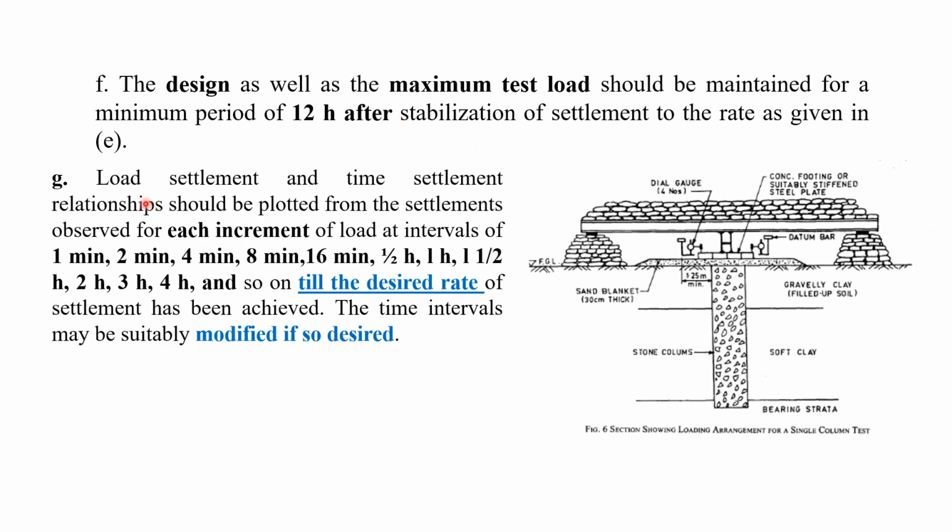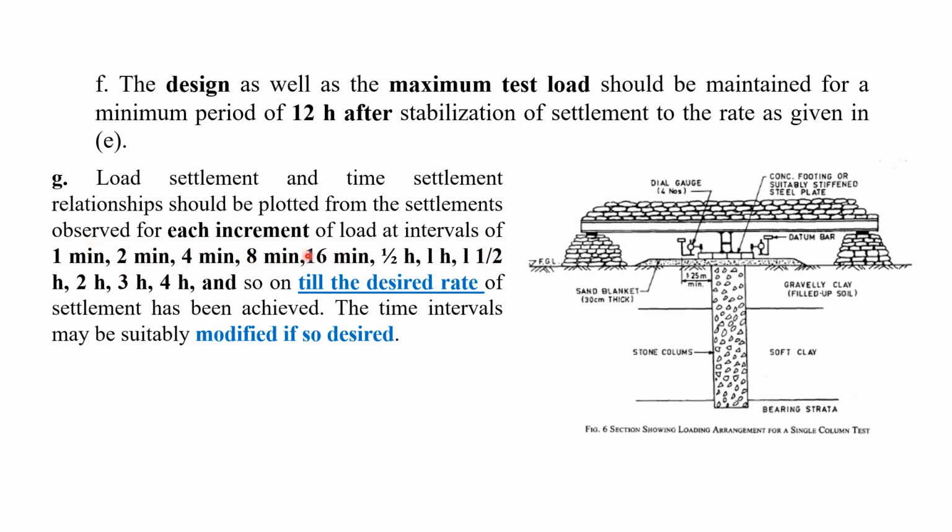Next paragraph, we can see how to note down the dial gauge readings at different timings. Load settlement and time settlement relation should be plotted from this settlement. Observe for each increment of load at intervals of 1 minute, 2 minute, 4 minute, 8 minute.